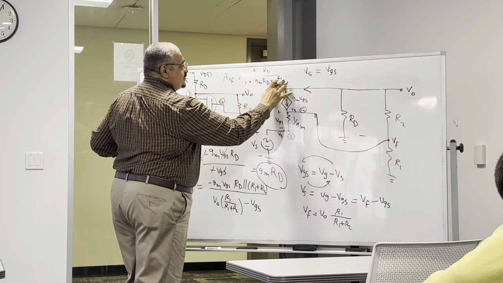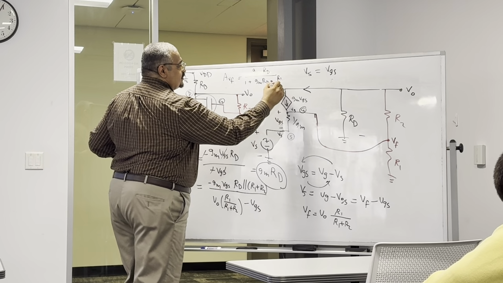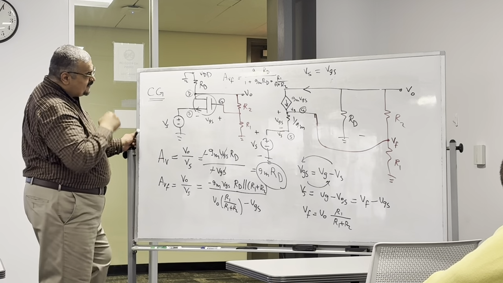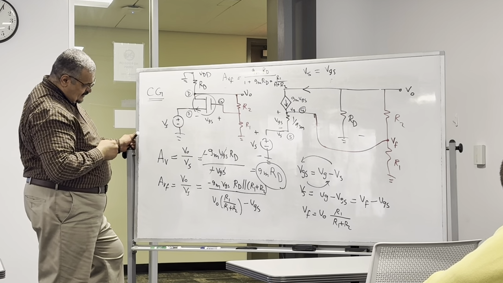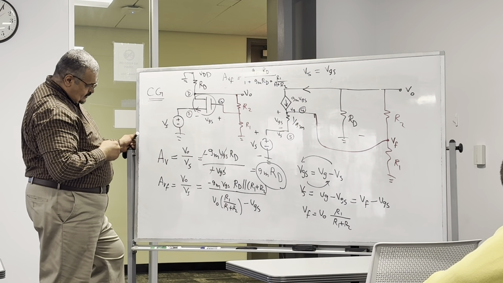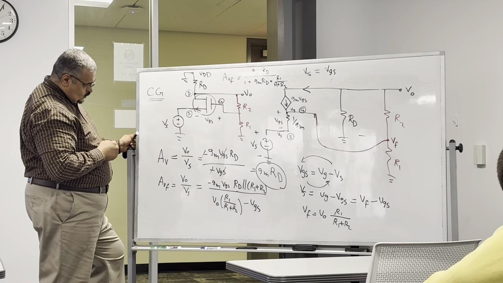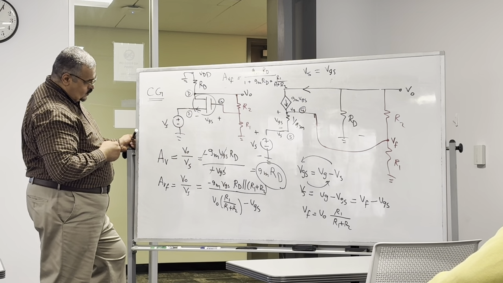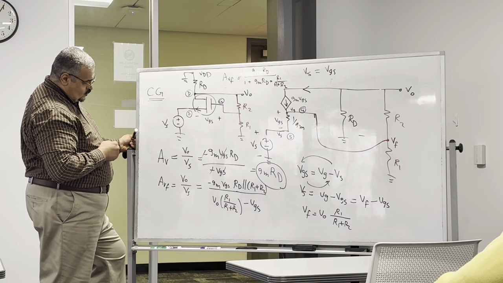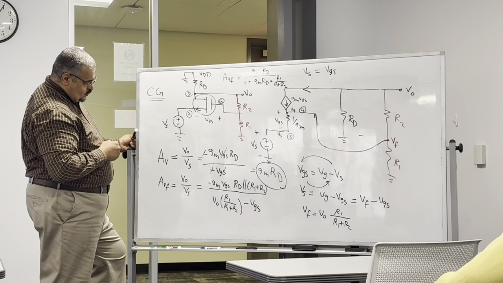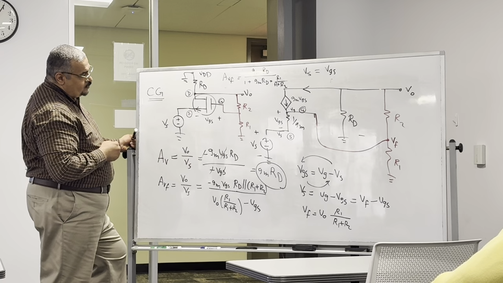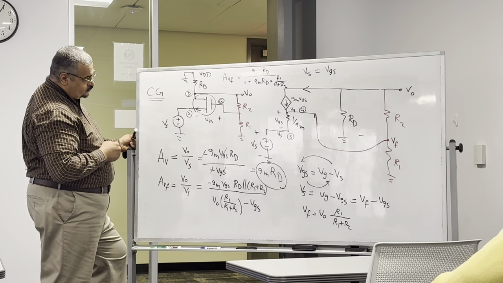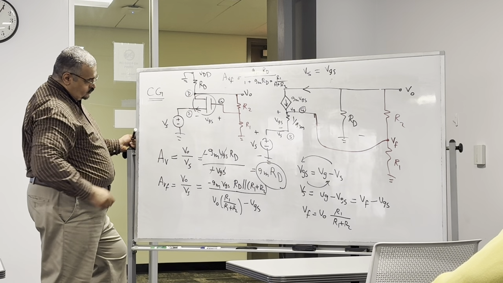So what am I missing here? Well, we have V out on the right. Seems like you've got a recursive relationship there.